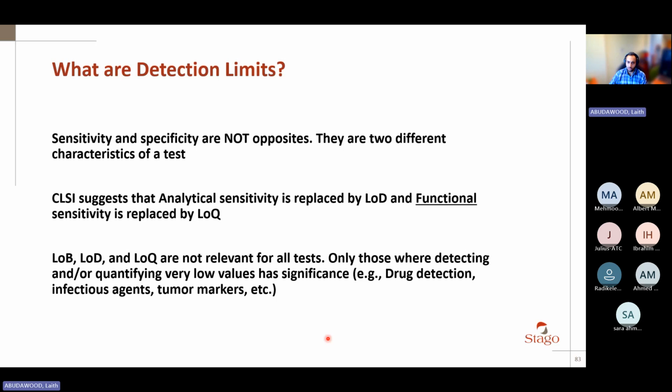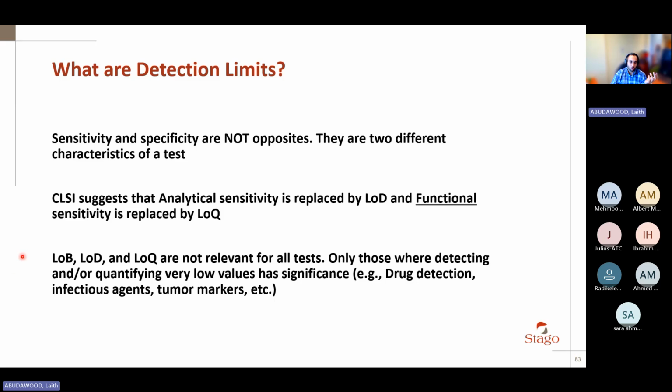Now, this point I left for you because I told you we'll not discuss sensitivity and specificity, but it's good to understand. In coagulation in general, LOB is not relevant. I don't care about measuring tiny amounts, for example, of von Willebrand or tiny amounts of factors. PT and APTT are tests reported in seconds.